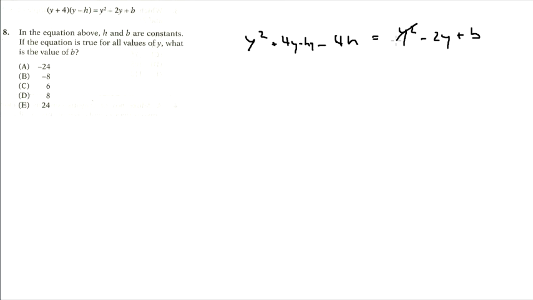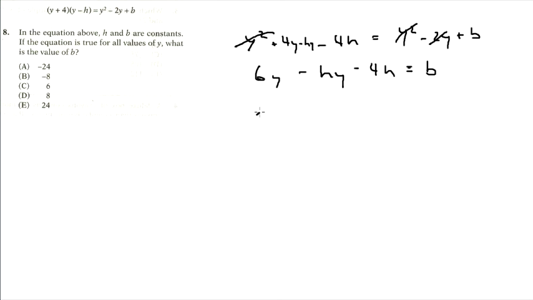Alright, well, these two here cancel. We can take this 2y over here to get 6y, because we're adding here. Gets rid of him, minus hy minus 4h equals b. Let's see here. Then to further, h and b are constants.